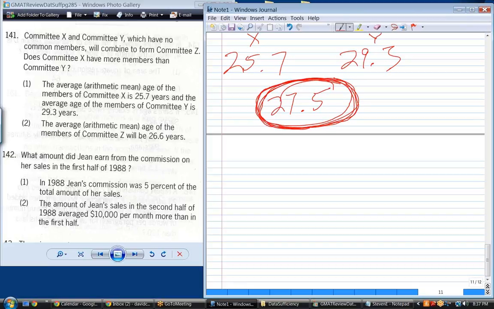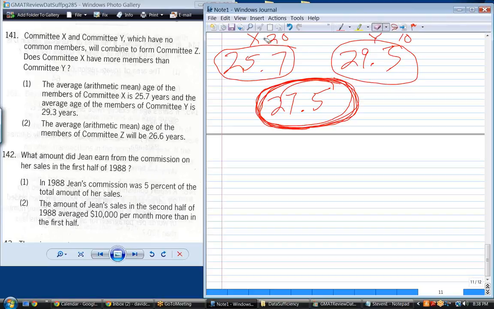I don't think so, because what if I had 20 people in X and 10 people in Y? The average age is going to be closer to that number than this number. It's not going to be halfway in between. It's going to be on the left side of that halfway point. Right.